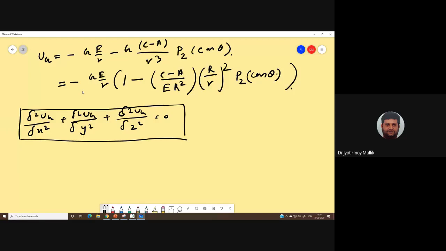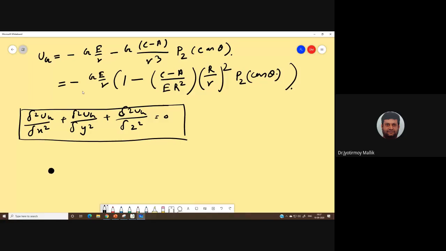This is the Laplace's equation for the gravitational field in Cartesian coordinates. In layman's terms, what you can say is that this gravitational field is like you have a.